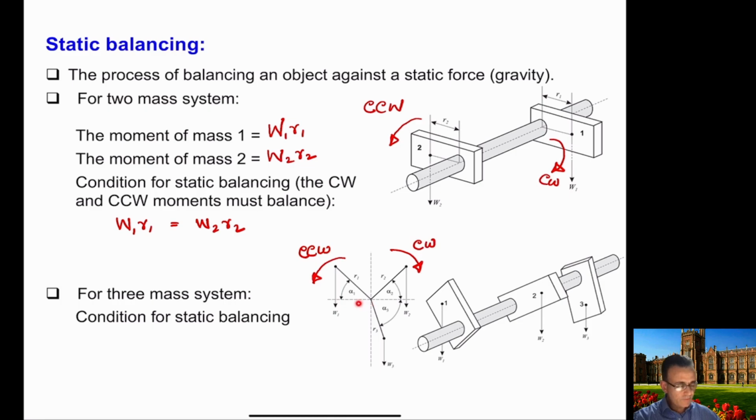If we want to write the condition of static balancing for this three mass system, the counterclockwise moment should be equal to the clockwise moment. In this case, W1 is trying to rotate the system in the counterclockwise direction. So the moment of W1 is W1, which is the force, times the perpendicular distance between the center of the shaft and W1, which is R1 cos alpha 1.